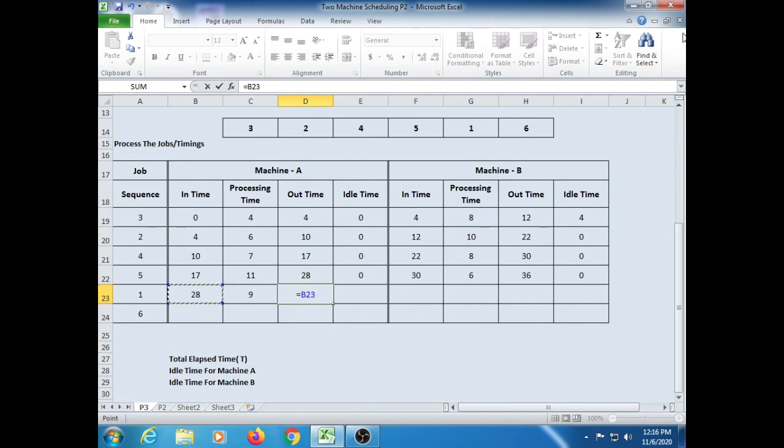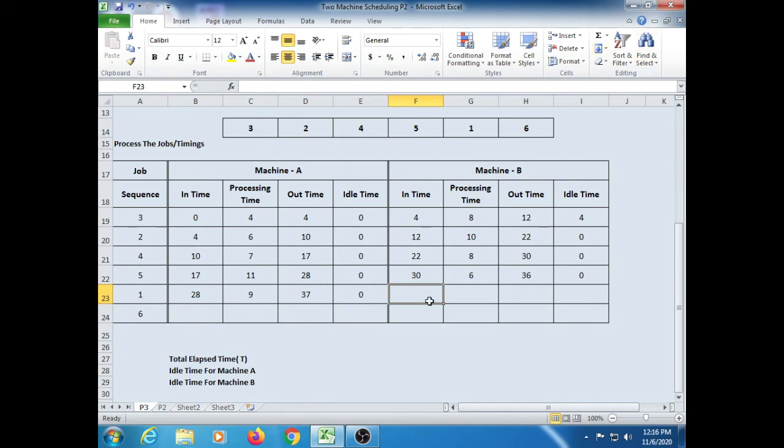In time plus processing time gives the out time. For calculating the idle time, the previous job out time minus the present job in time is 0.